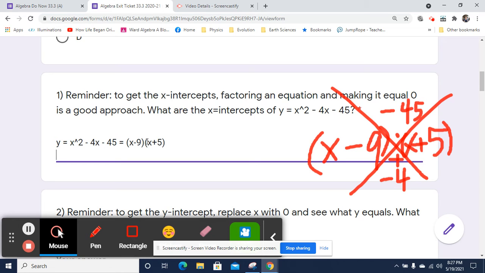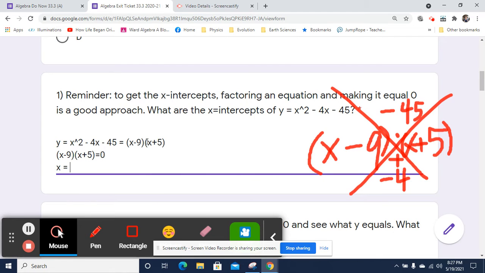Okay, now what are the x-intercepts? If we say that this equals 0, then what x value would make x minus 9 equal 0? Well, x could be 9 because 9 minus 9 is 0.